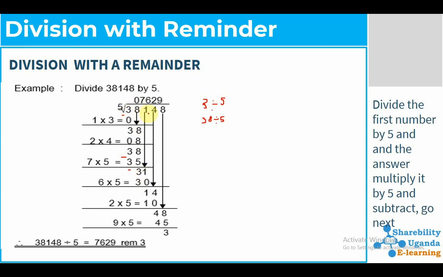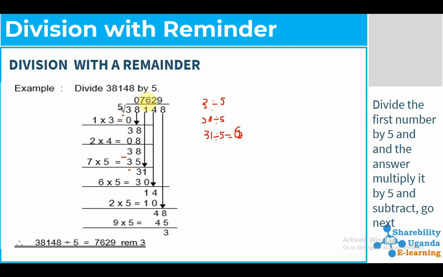We still have some other values here, so we bring that value down and it becomes 31. So 31 divided by 5, we get 6.